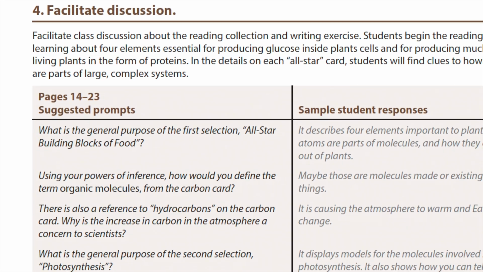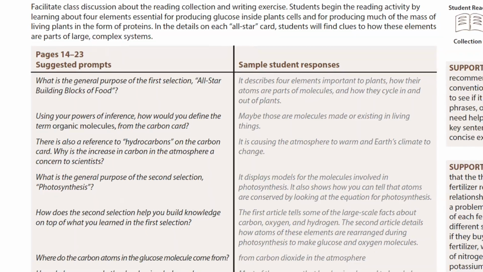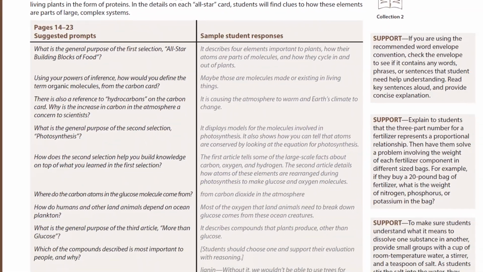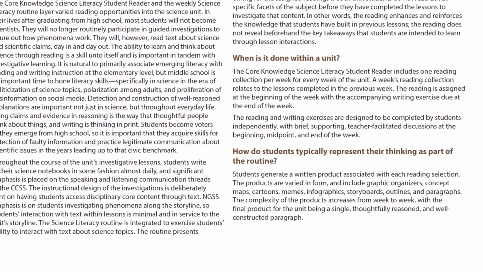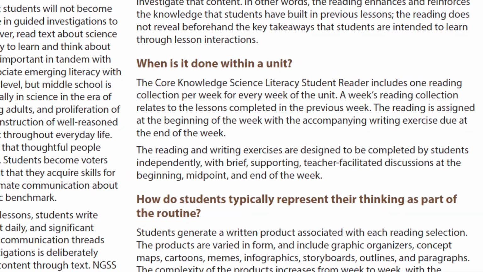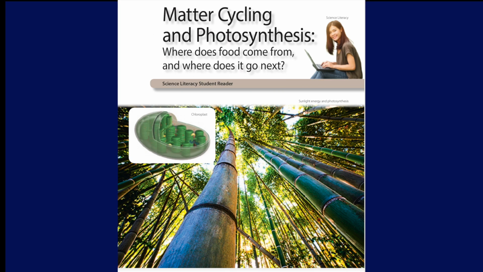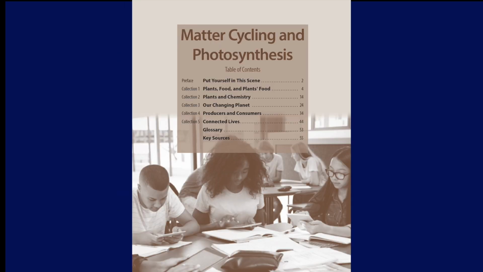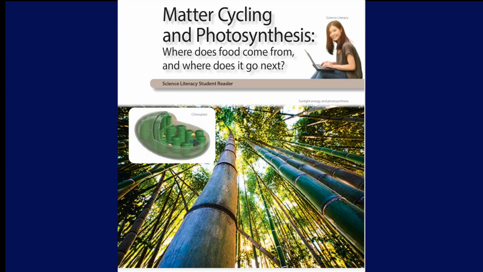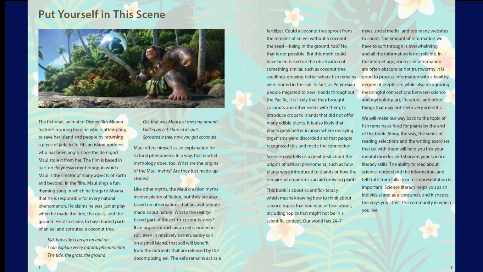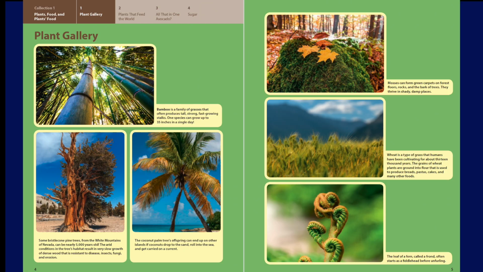So in the teacher guide, there are suggestions of how to do this within the time frame of the lesson. But it's a lot up to the teacher to figure out how to integrate these readings based on your own classroom structure. Each of these student readers are beautifully illustrated and beautifully written and really add to the excitement of science within your classroom.